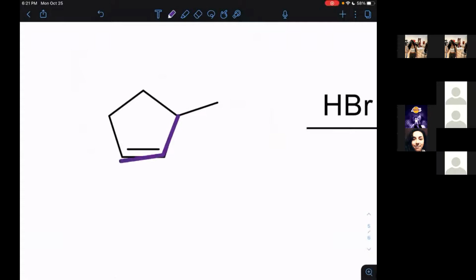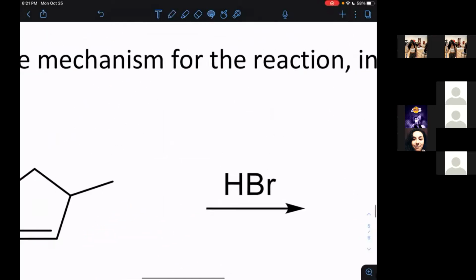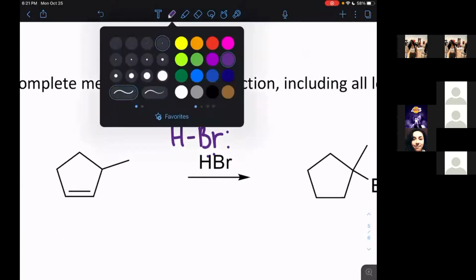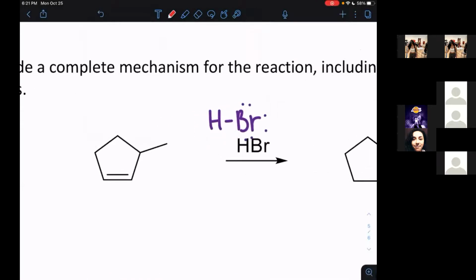I'll just redraw this. Something like that. So I would go HBr. I'm just going off of what I remember. I think the double bond grabs a hydrogen and this one goes off by itself.